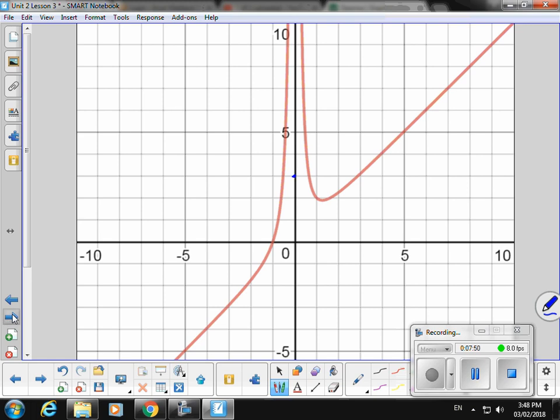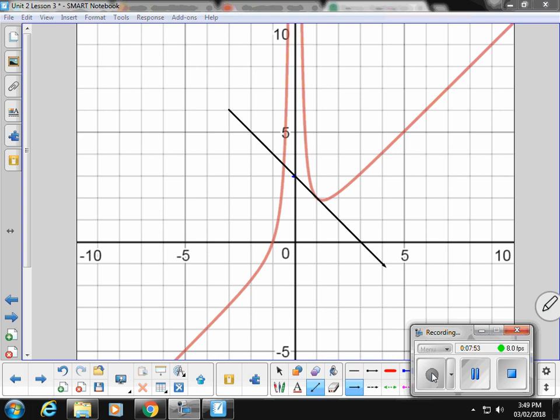Oh good, I can draw on this. I wasn't sure. Okay, so I have drawn the line y equals negative 1x plus 3, and I was looking for the equation of the tangent at the point 1, 2. And there you can see the tangent line and its equation at that place.